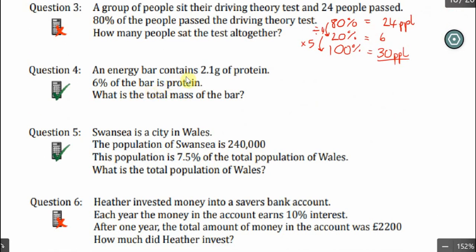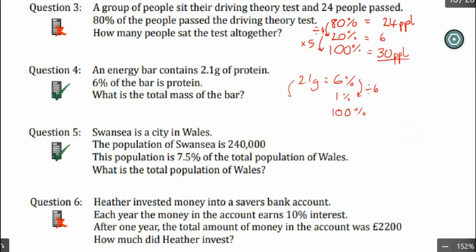An energy bar contains 2.1 grams of protein. 6% of the bar is protein. We can use a calculator on this question. So 2.1 grams is 6%. Need to turn this back into 100%. I've written the percentages on the right hand side here just to show you it doesn't really matter where they go.